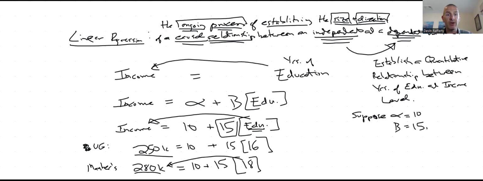So what we really care about here are these betas. Beta is the regression coefficient.